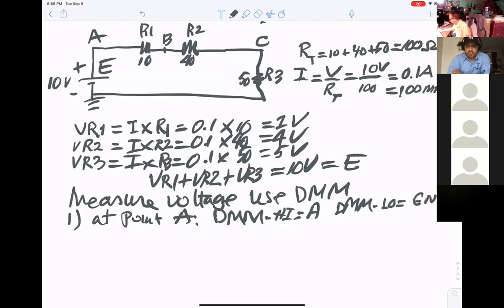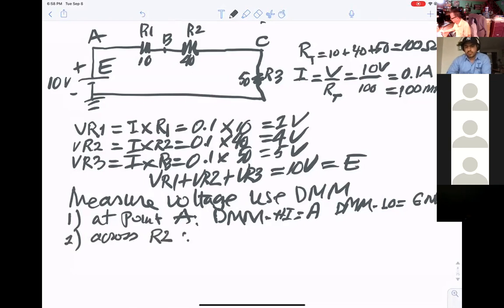Now a technician must know this. If I give you the meter and ask you to go ahead and measure voltage at point A, this is the way you connect. Second thing, I want to measure across R2.